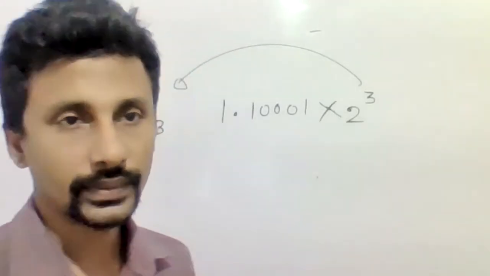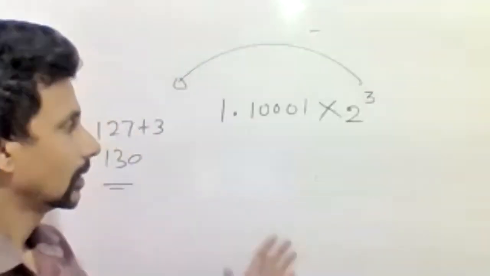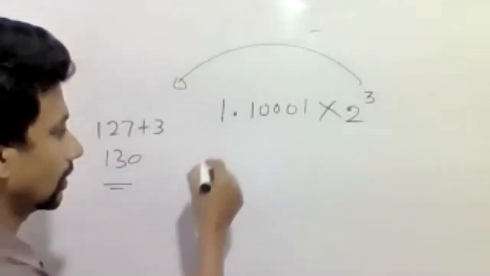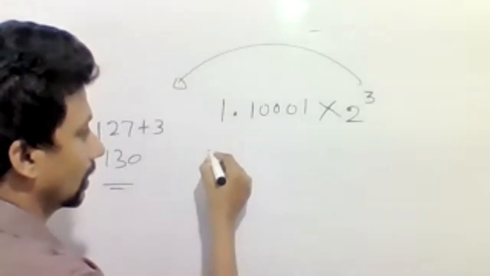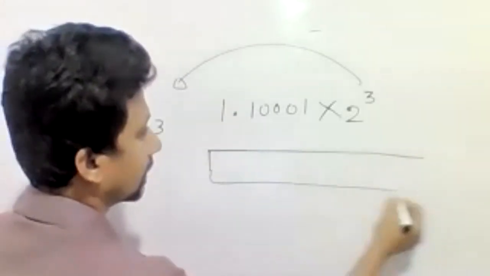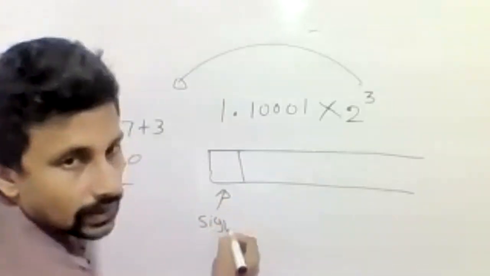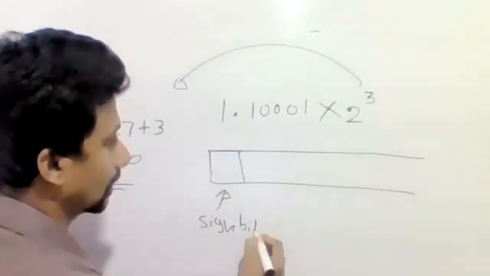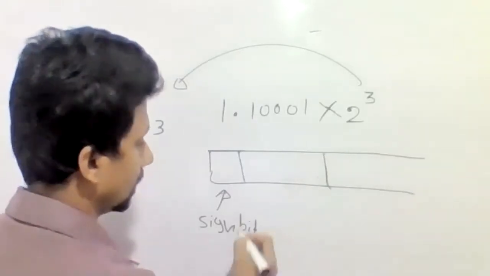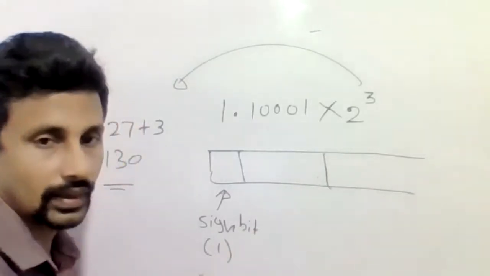Okay, look at here. Now I am writing like this. This bit I am using as the sign bit. I'll take one bit and put it like this.